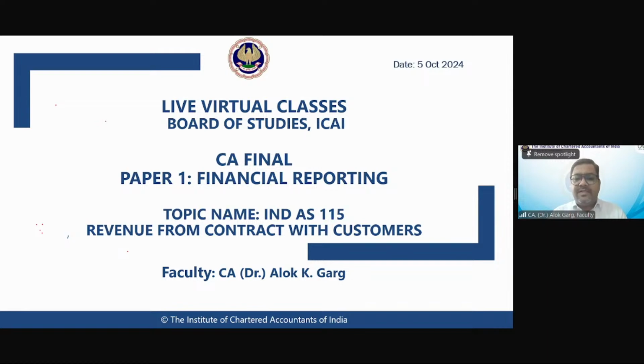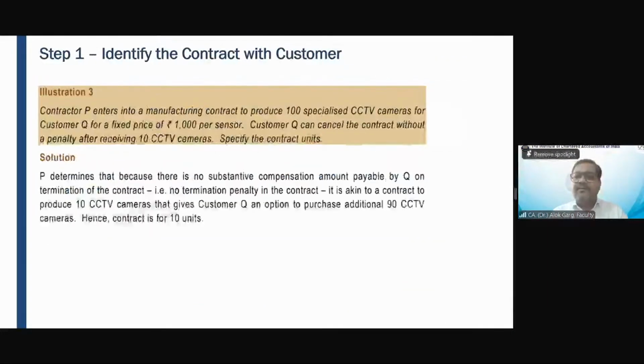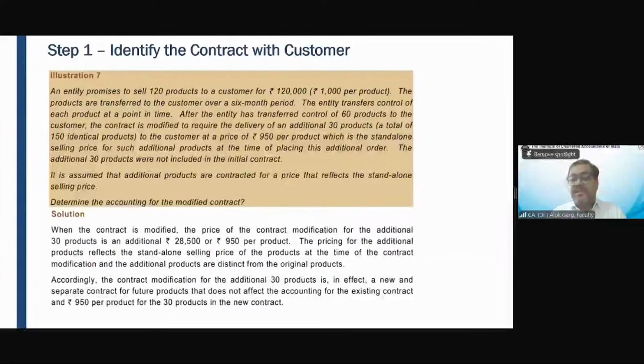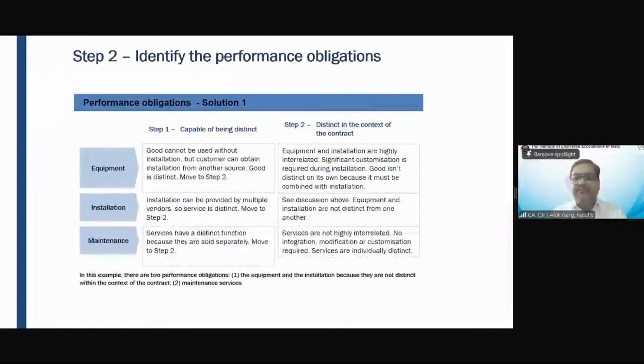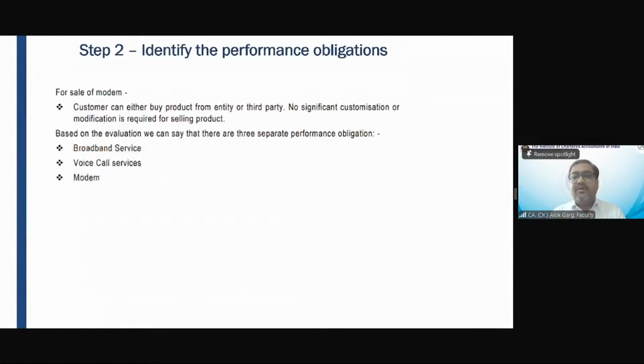Students, in step number 3, we discussed how to determine the transaction price. The transaction price is the price which an entity is expected to receive from the customer, or which the customer is obligated to pay to the entity.